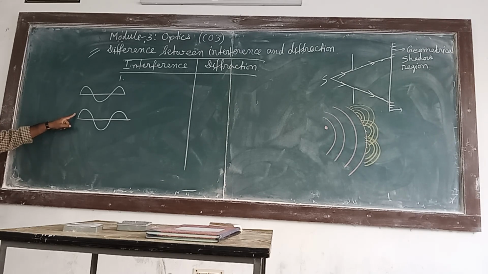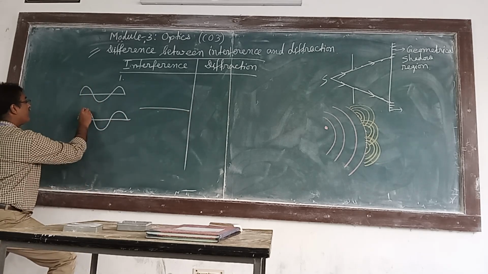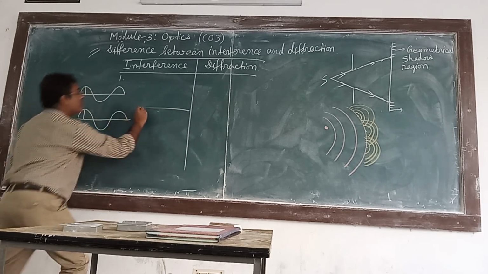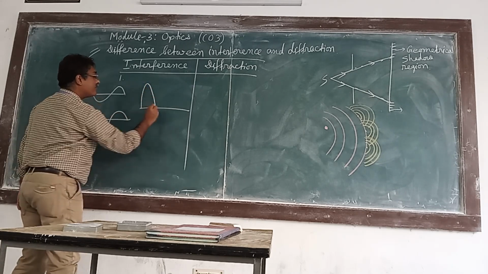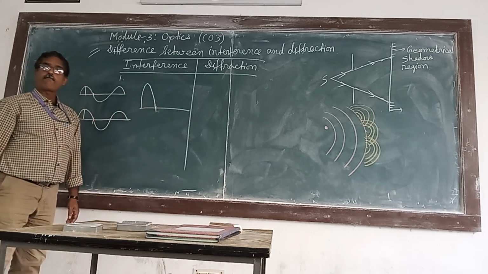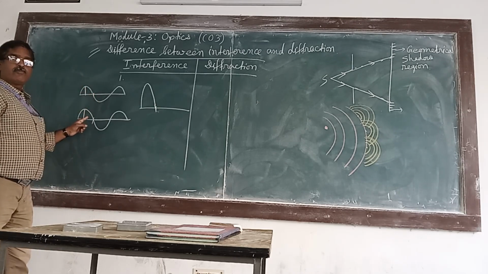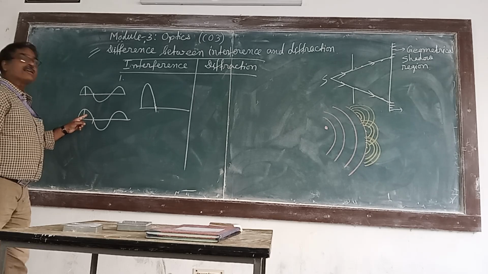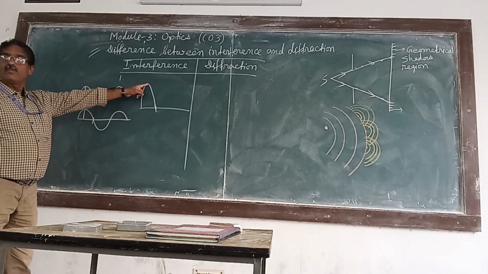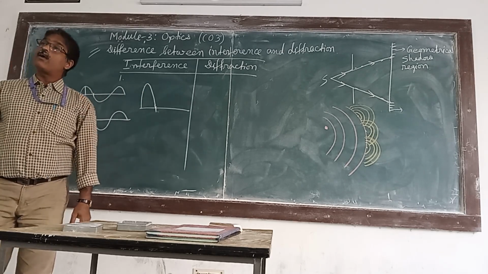When they meet here, we get bright, and when this and this meet, we get dark. The amplitude is the same: A plus A is 2A, and A minus A is 0. So it is perfectly dark.